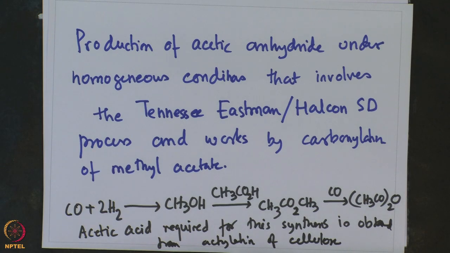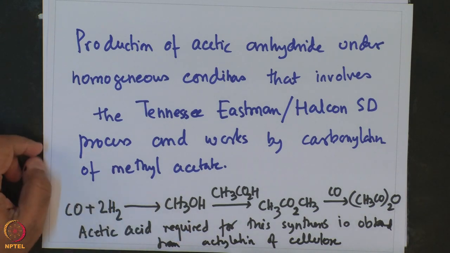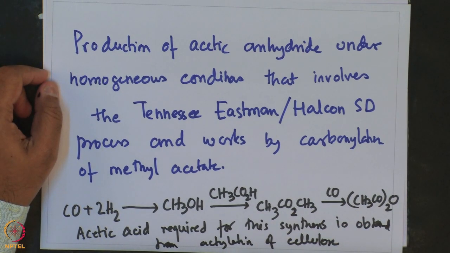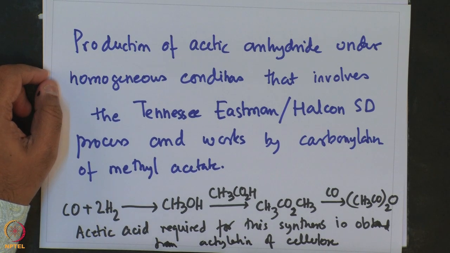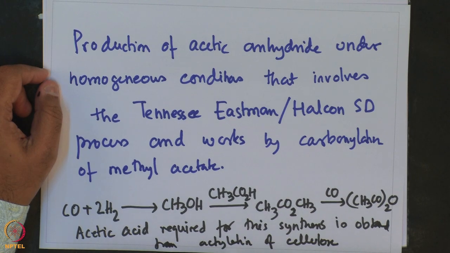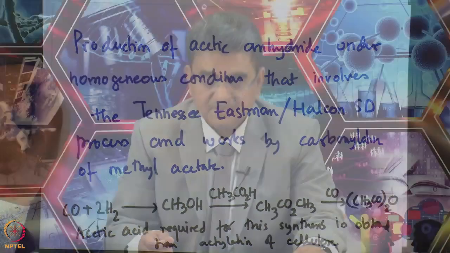So, with this we come to the conclusion of our discussion on this important reaction, which is carbonylation of alcohols, and what we see is that this involves an important industrial process by the name of Monsanto acetic acid process, which involves a rhodium catalyst, and the process is achieved in presence of iodine.